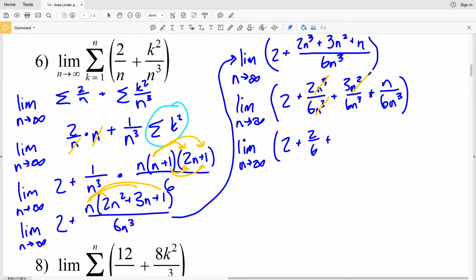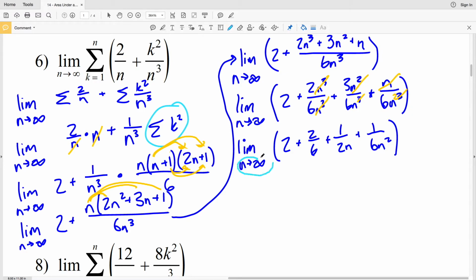My n squared will cancel out to leave me with 1n in the denominator, and 3 over 6 is the same as 1 over 2. So I'll have 1 over 2n plus n over 6n cubed. My n will cancel out, and I'll be left with n squared in the denominator. So that's 1 over 6n squared.